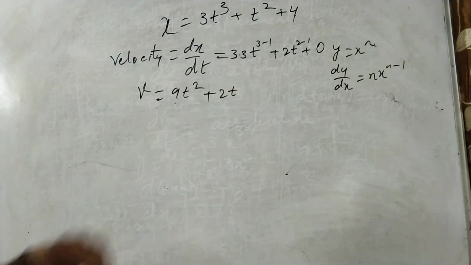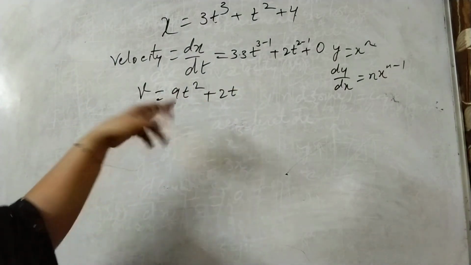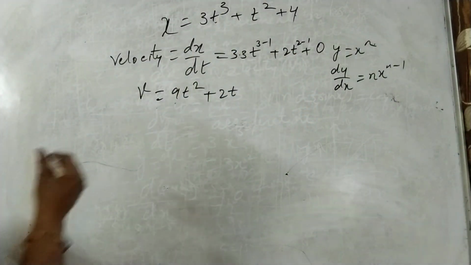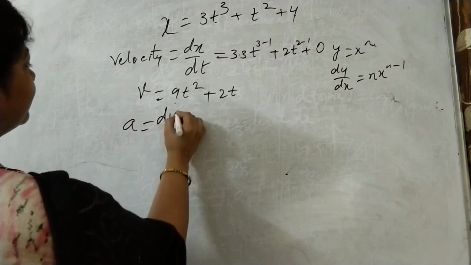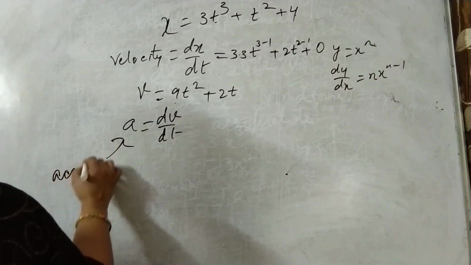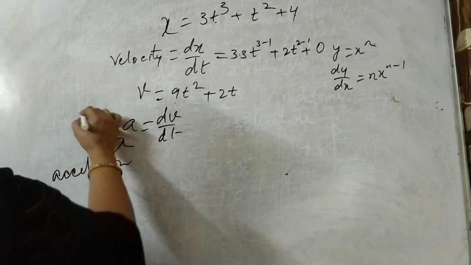So we have got this equation, right? Now next we need to find out what? We need to find out acceleration. A is what? dv by dt. This is acceleration. This was velocity.